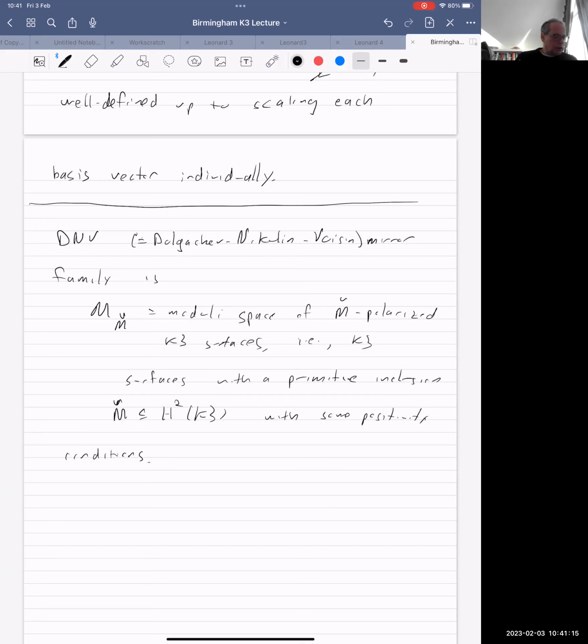So it's not hard to see this is the mirror family, and there's been a lot of study of mirror symmetry in this context of K3 surfaces, partly because it's all very explicit in terms of lattice theory and moduli of K3s.